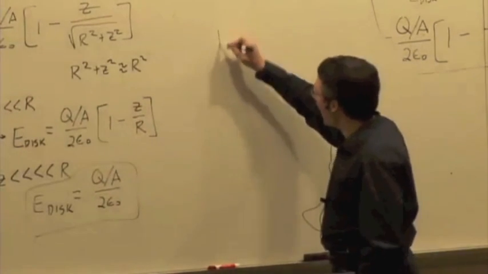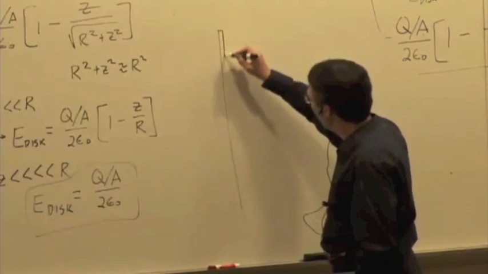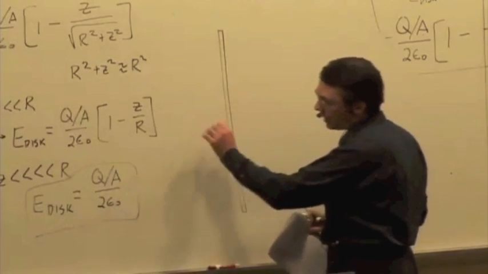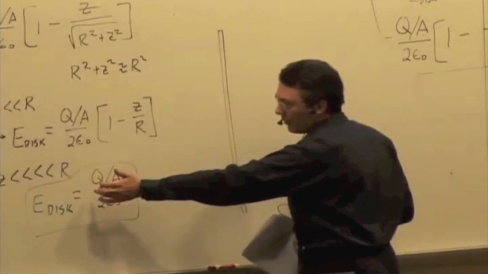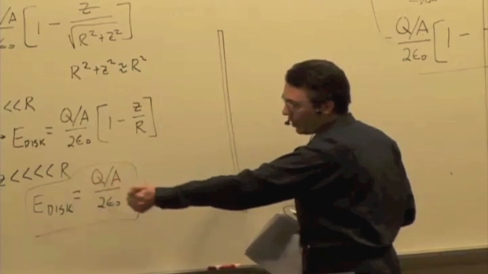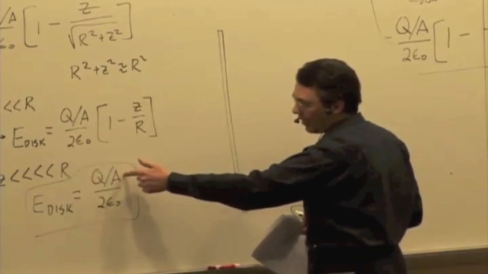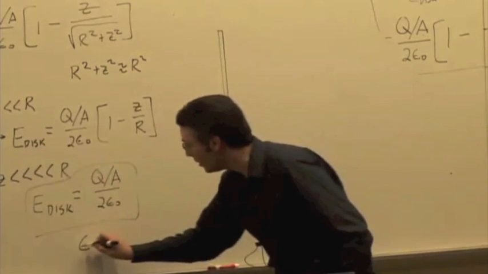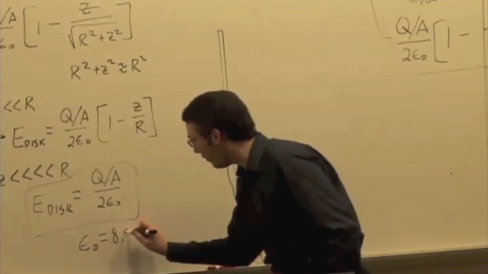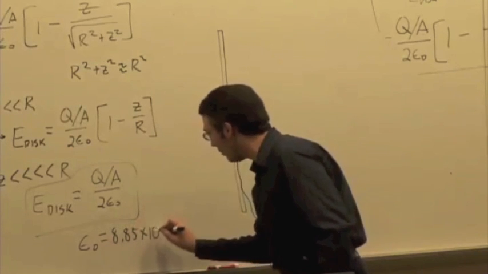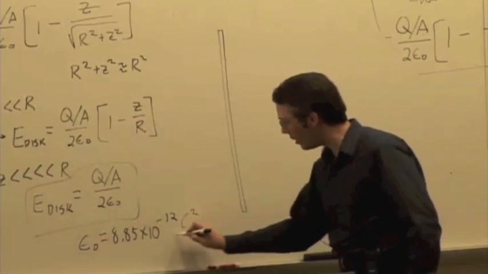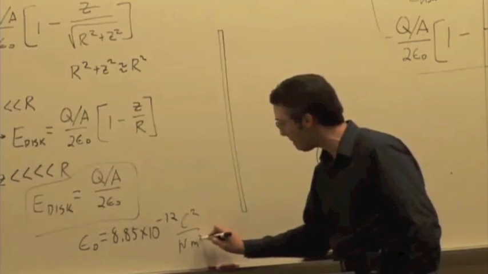If we're close enough, not getting too far away, the field just depends on the charge, depends on the area, and it's got a constant down here. This epsilon 0 is equal to 8.85 times 10 to the minus 12, in units of coulombs squared over newton meters squared.